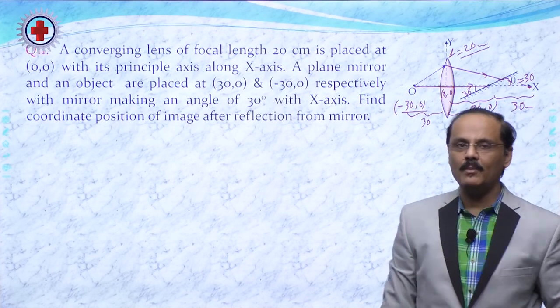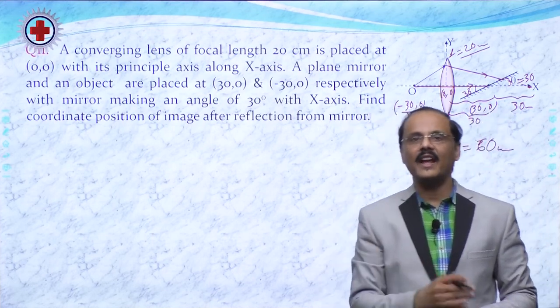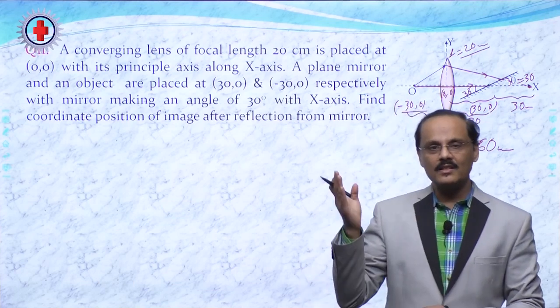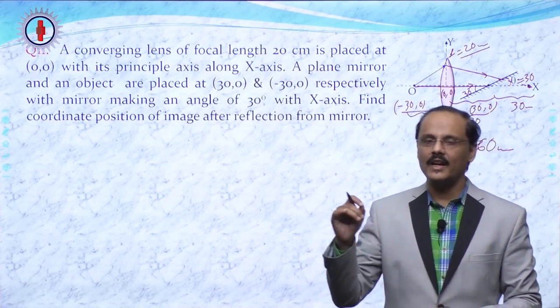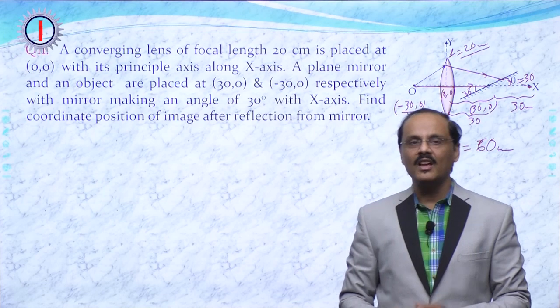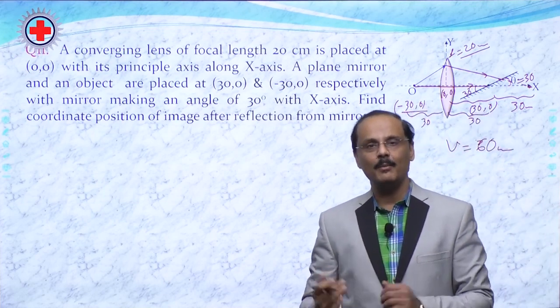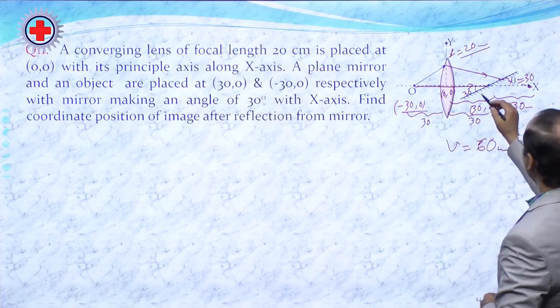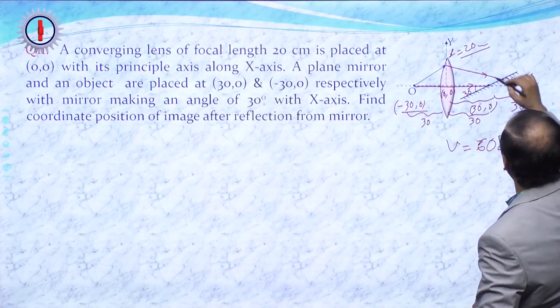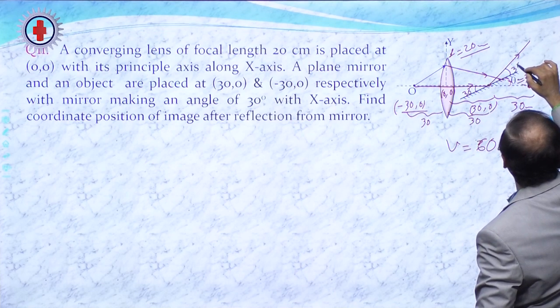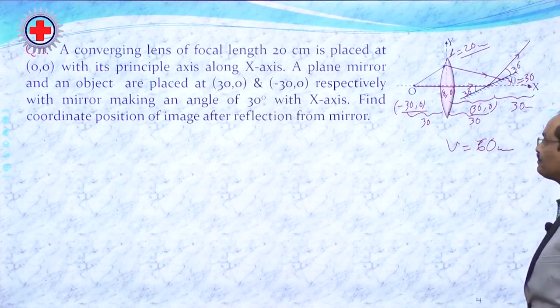As you know, for a plane mirror, the angle of incidence and angle of reflection are equal. So is the grazing angle, that is, the angle made by the incident light with the tangent of the mirror and the angle made by the reflected light with the tangent of the mirror are equal.